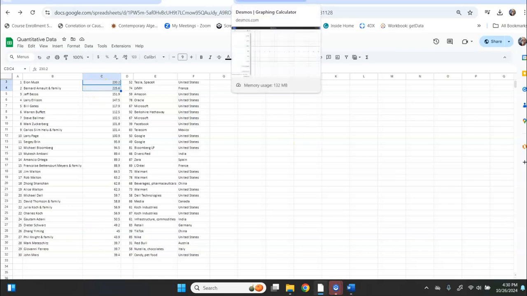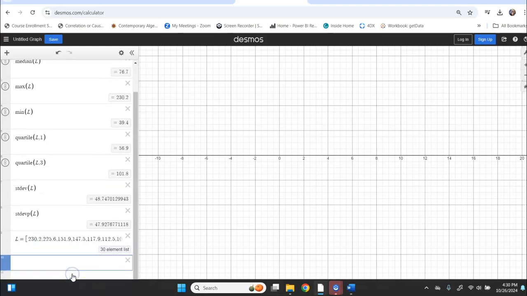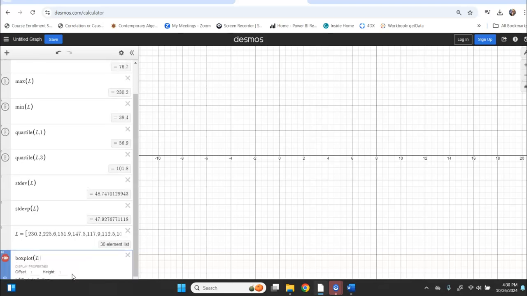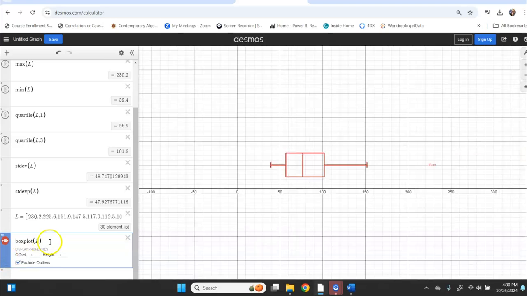And one way we can see that, if we're back in our Desmos, if we do a box plot, and we're doing it for L, and again, I'm going to zoom this box plot, but this time I'm going to notice how it's checkmarked to exclude outliers. We can see our two outliers of 225.6 and 230.2.